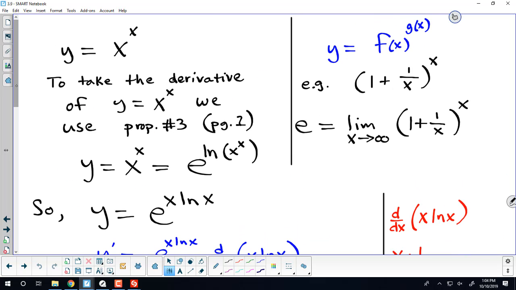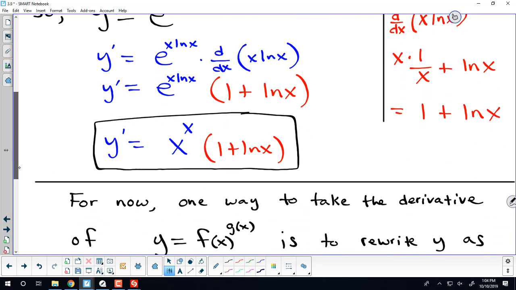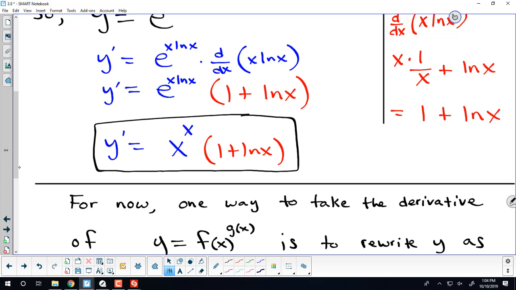Based off of property number 3 on that first page, we were able to take the derivative of that type of function, but we had to rewrite x to the x as e to the x ln x, and then utilize the property of logarithms. So we took the derivative of e to the x ln of x because we know how to take the derivative of that type of function, and ended up with x to the x times 1 plus natural log of x as the function's derivative.